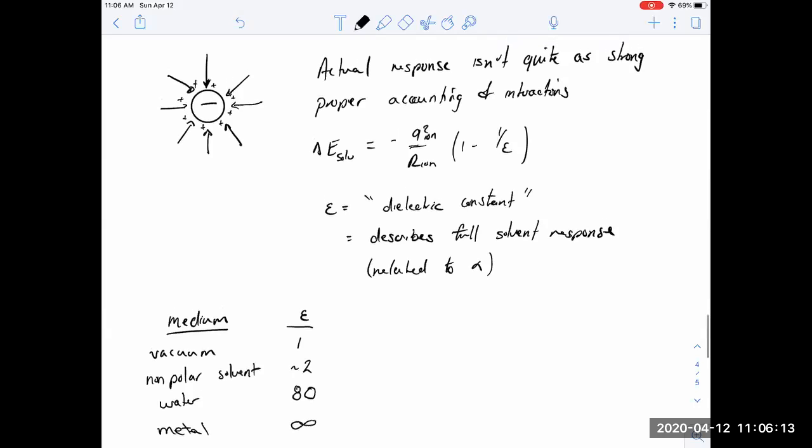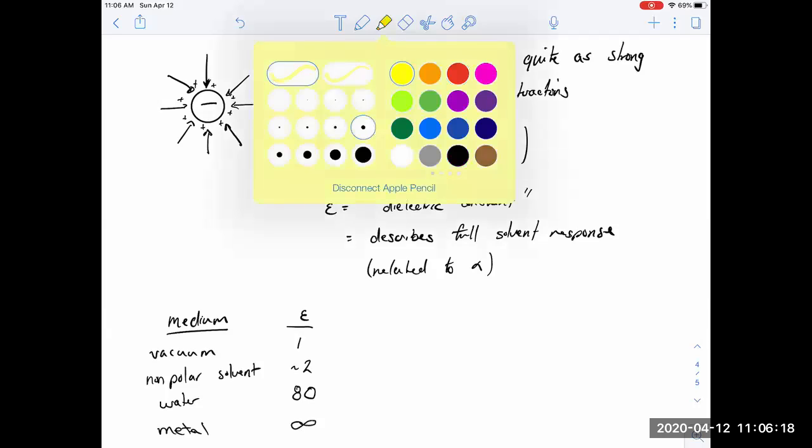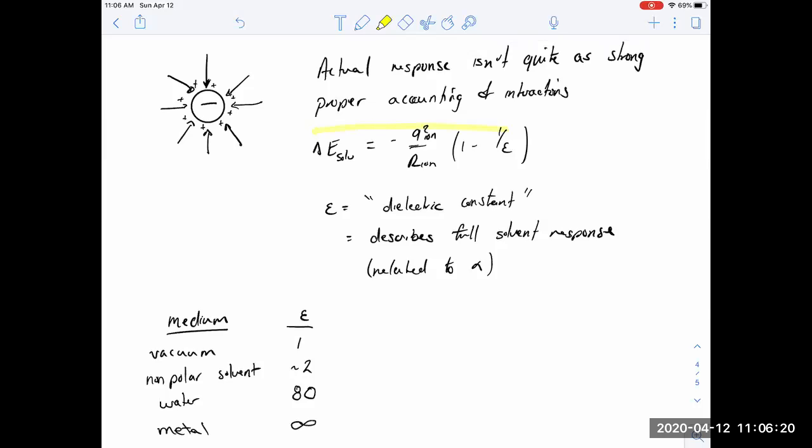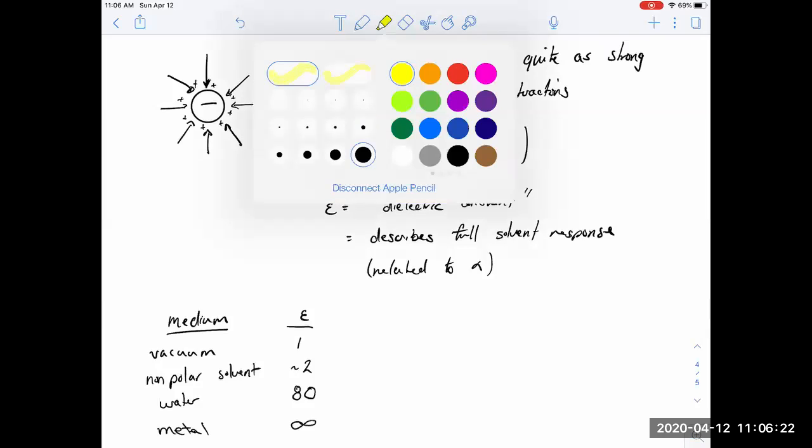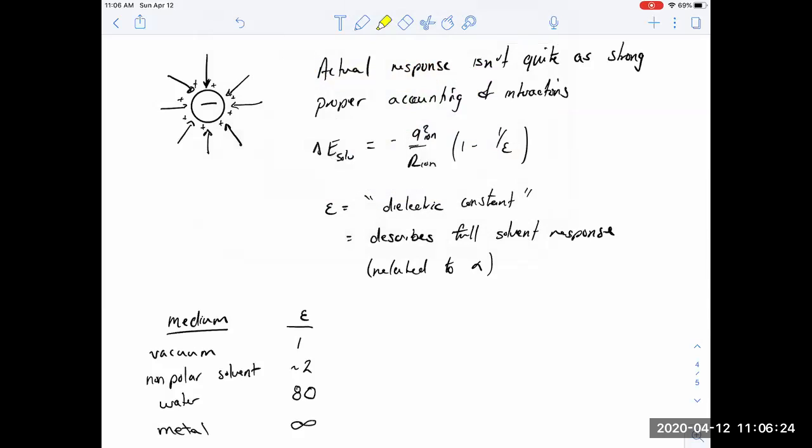Okay, so the last thing I'll say is just to give this equation a name. So the solvation energy of an ion due to a polar solvent, that equation there, that goes like Q squared. So both anions and cations are equally well solvated in this picture.